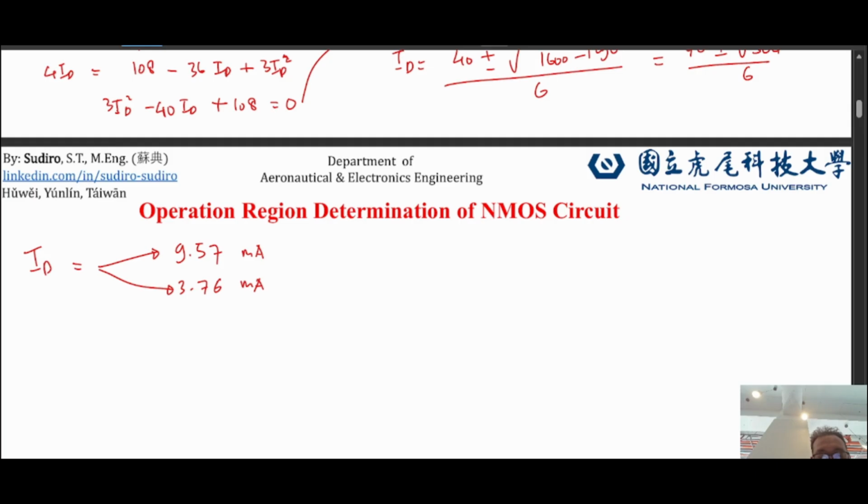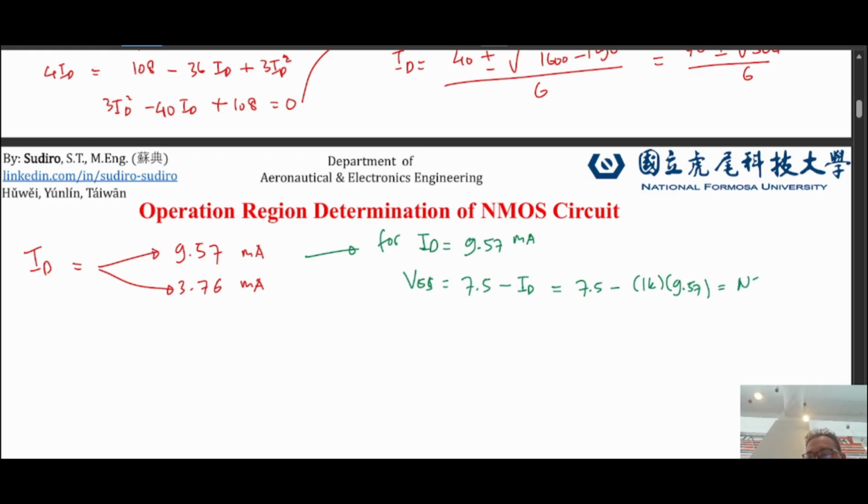For ID equal to 9.57, we get that VGS is 7.5 minus ID times 1 kilo, which is really negative.